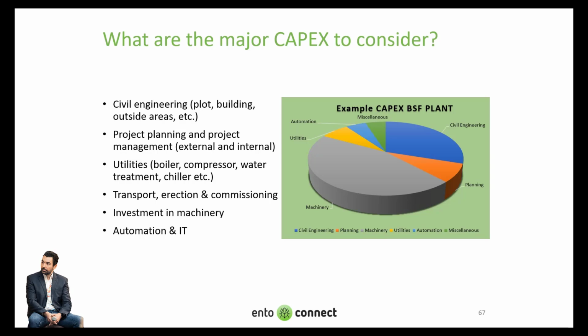And then we have some general costs. But to summarize here, you can see that most of the CAPEX will go for the machinery. A big part of the cake will go for the civil engineering or the civil planning. And then we have other smaller types, but these are the major costs to consider. And next slide, please, Bernd.